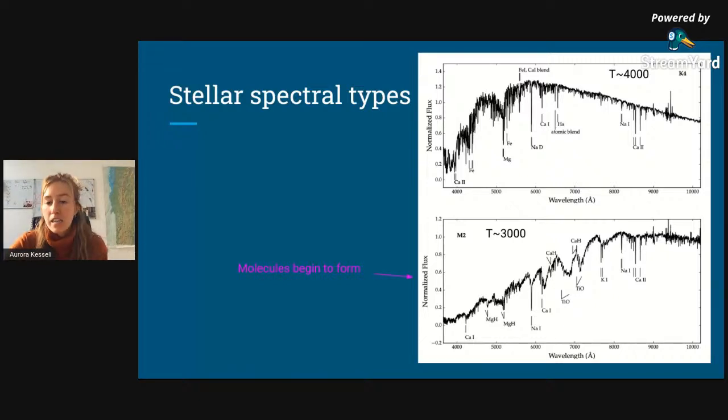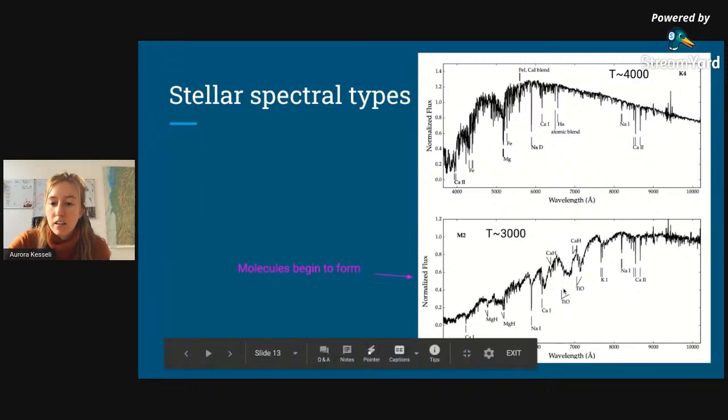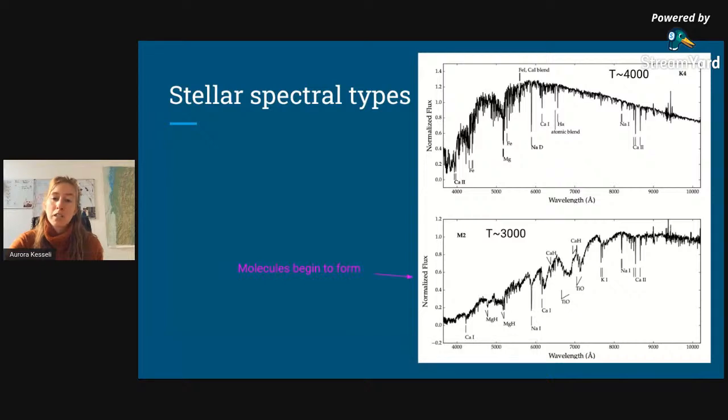And so the main absorption feature in the optical spectra of M dwarfs is from titanium oxide. That's this feature labeled here and this feature labeled here. Besides titanium oxide, you also get a bunch of hydrides. These are metals paired with hydrogen.